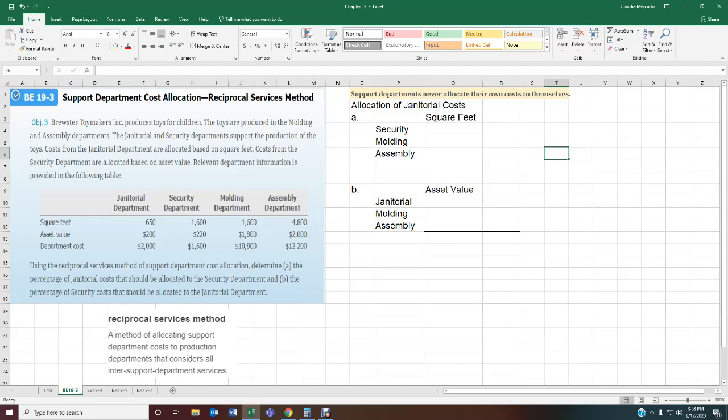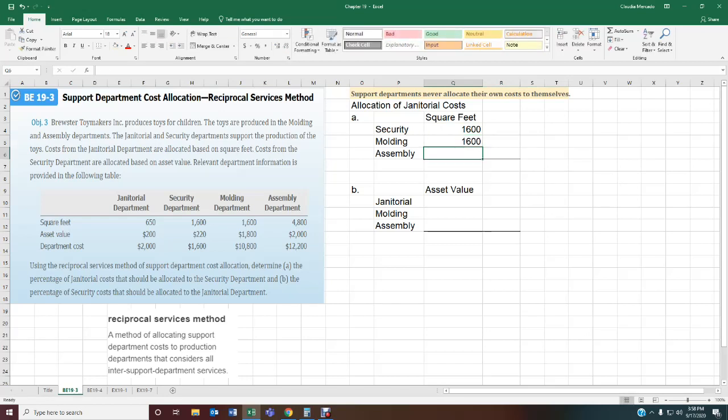So I went ahead and I set them up. Now it says here that the janitorial department is allocated based on square feet. The square feet are provided for each department. We're going to look at the square feet for the security department, that's 1,600. We're going to look at the square feet for the molding department, that is 1,600.